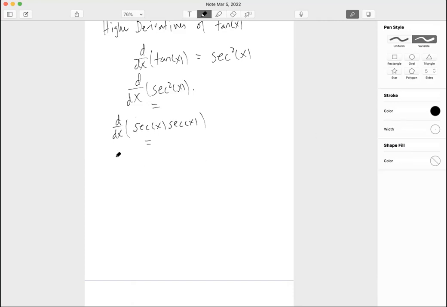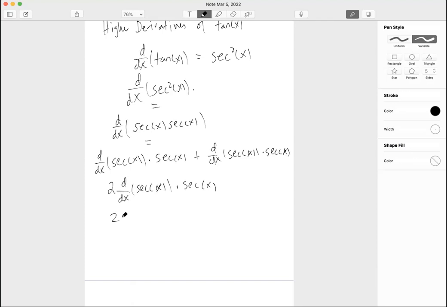So the derivative of secant times secant would be the derivative of secant times secant plus the derivative of secant times secant. Or we can just say 2 times the derivative of secant times secant.